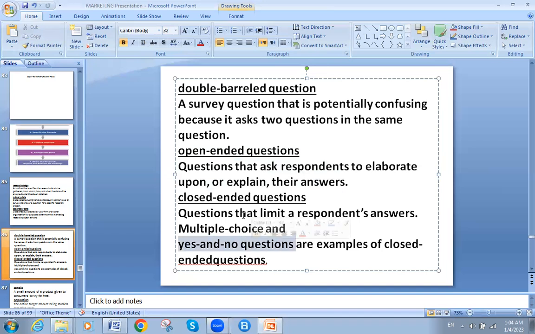Yes and no questions are also a very good example of closed questions because you give him only two answers, yes or no. The door is opened or not opened. But you didn't ask him to describe the door or what he doesn't like about it.